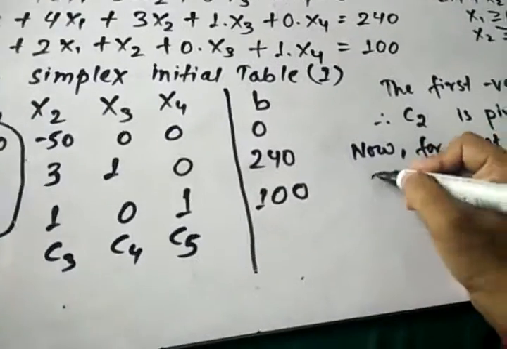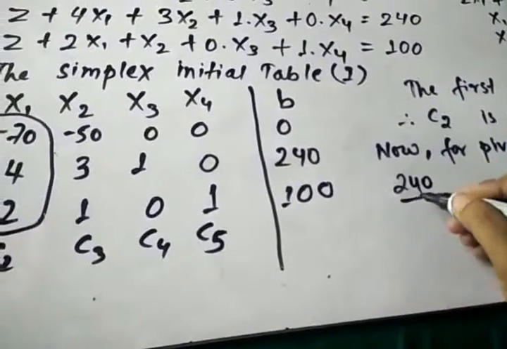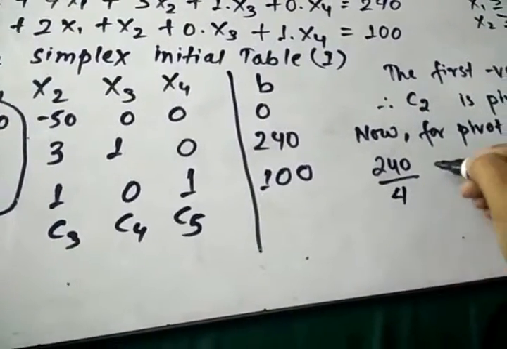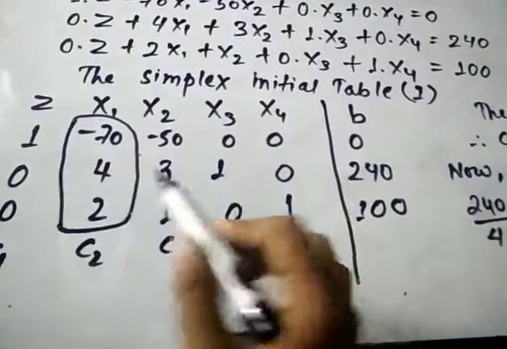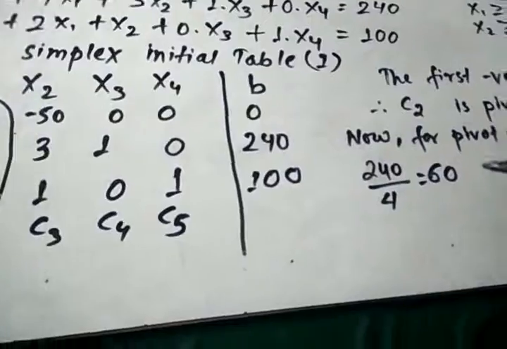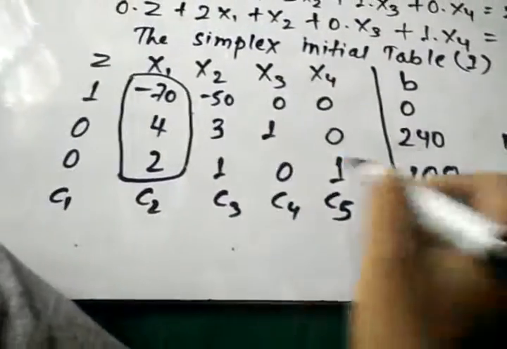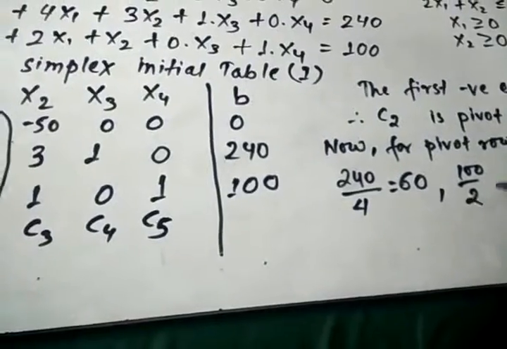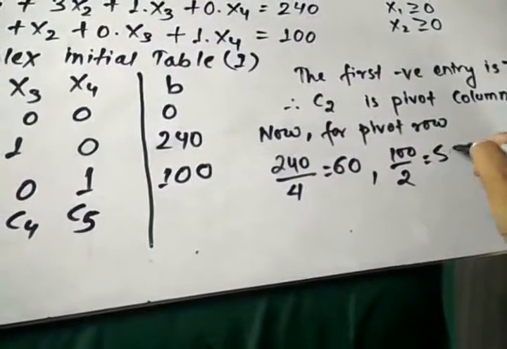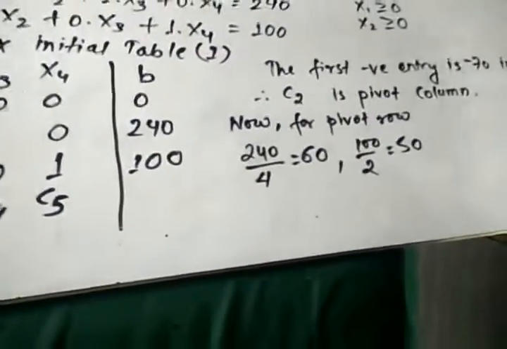Now 240 divided by 4 equals 60. Similarly, 100 divided by 2 equals 50.